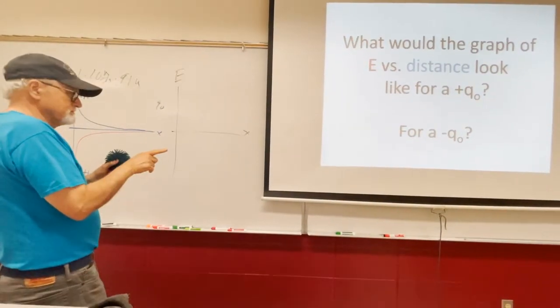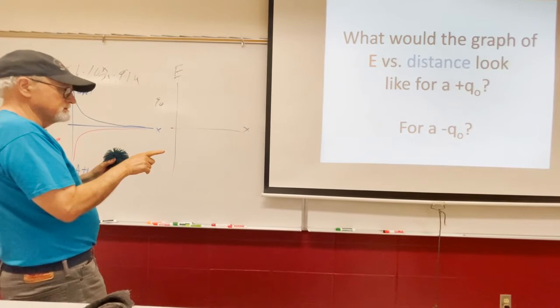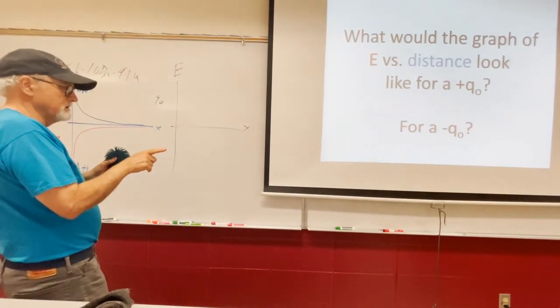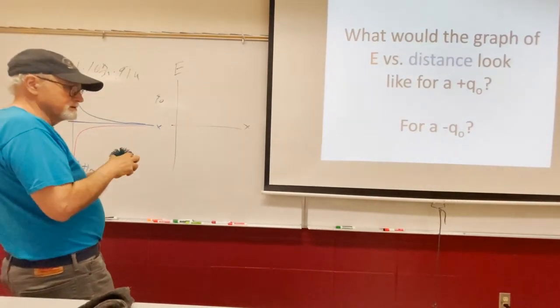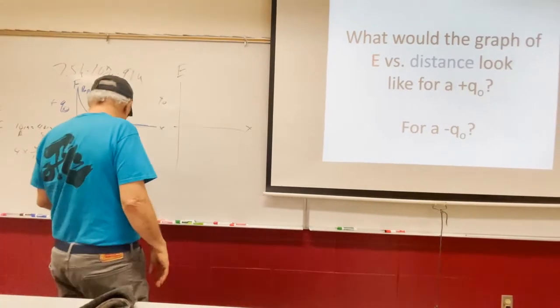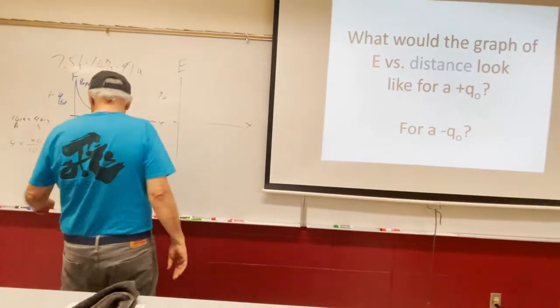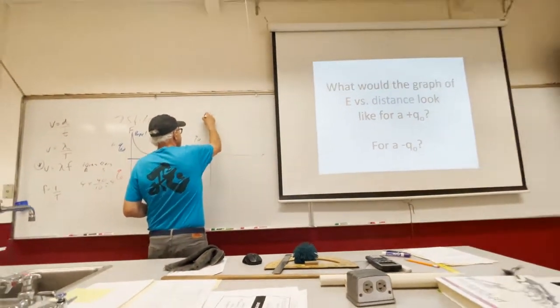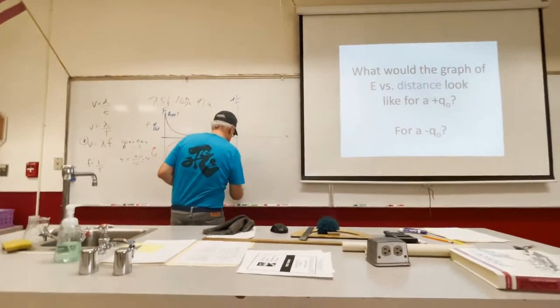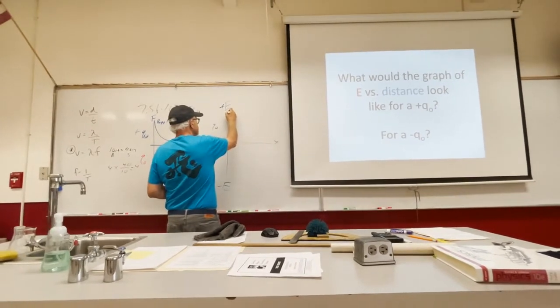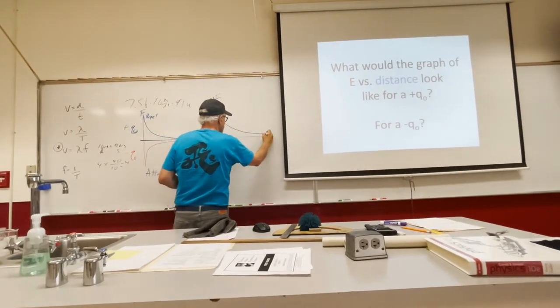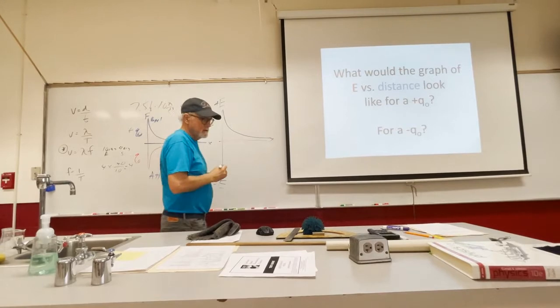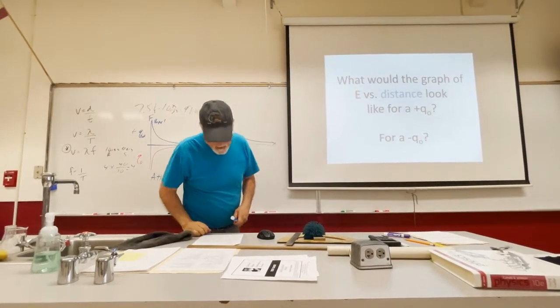So out from the positive, the number gets bigger when you're closer. So for a positive test charge, this is positive field, negative field. You get something that looks like that. And you know what? Yeah, I'm doing it right.